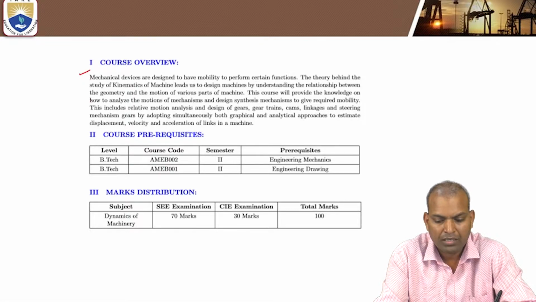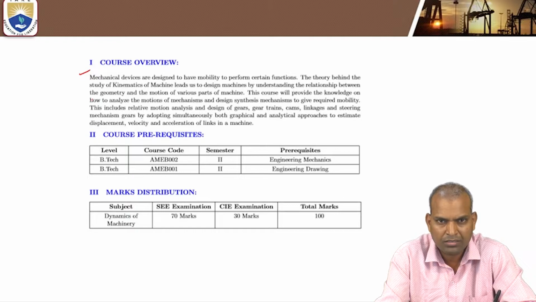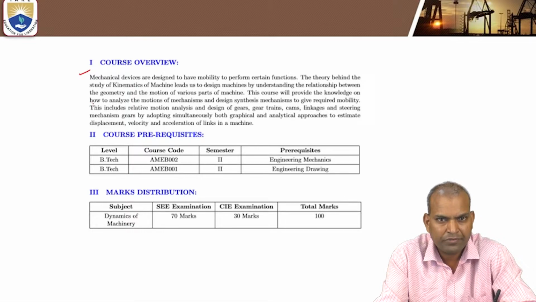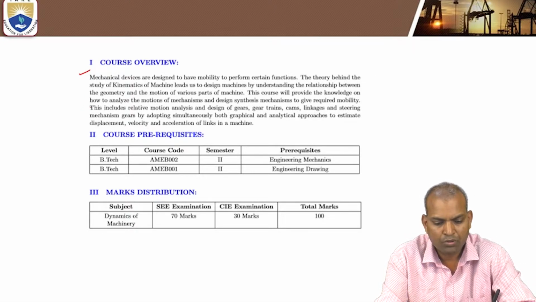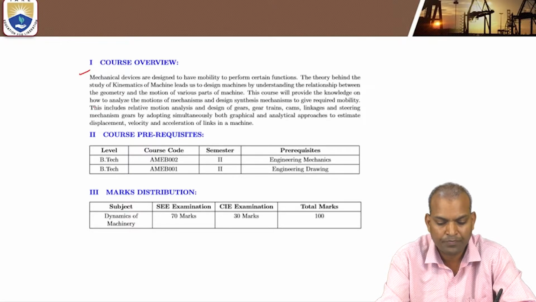This course is so important in order to design the components of a machine and find out the relationship between those components in terms of velocity and acceleration. This course also provides knowledge of how to analyze motions of mechanisms and design synthesis of mechanisms.